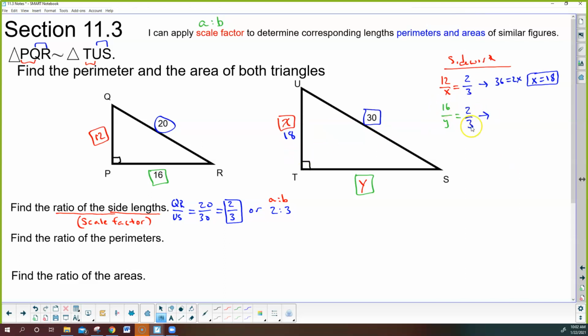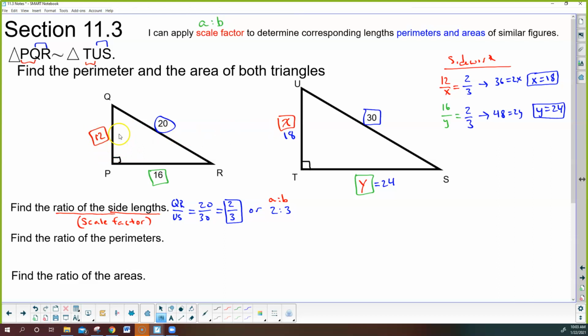And then here I get 3 times 16, that's 48, equals 2y. So y has to be 24. So hopefully you remember doing that stuff from similar triangle time.